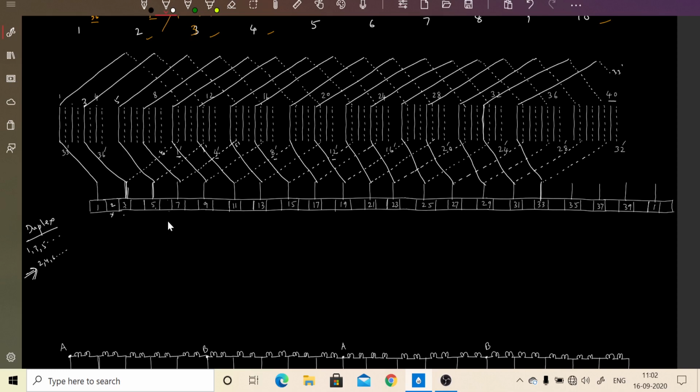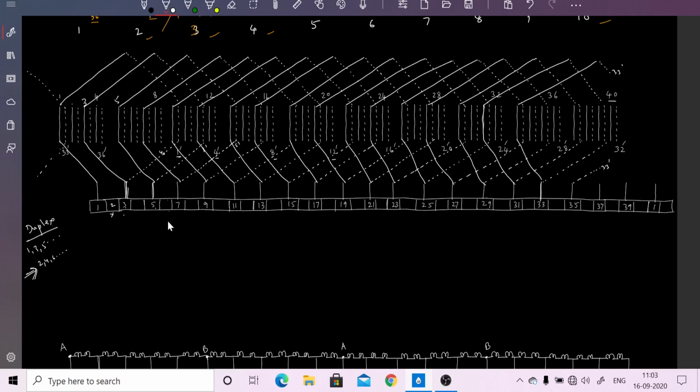Now 33 dash is here, so it will come from 33 like this, and this will go to 35.